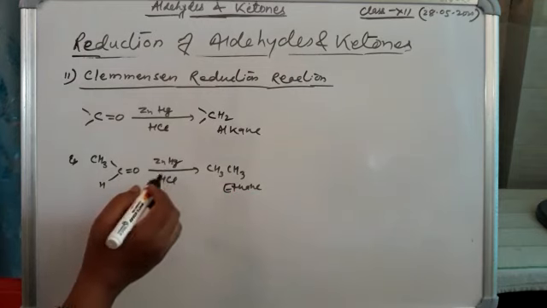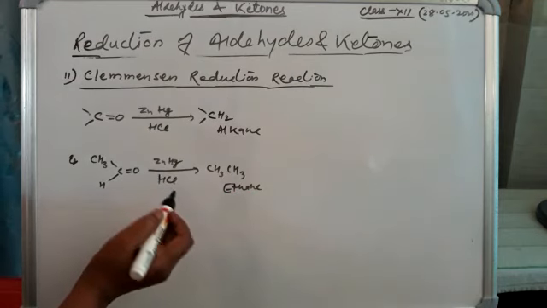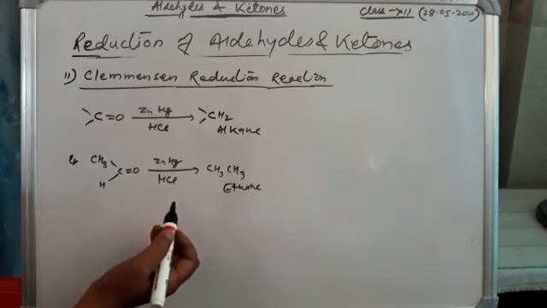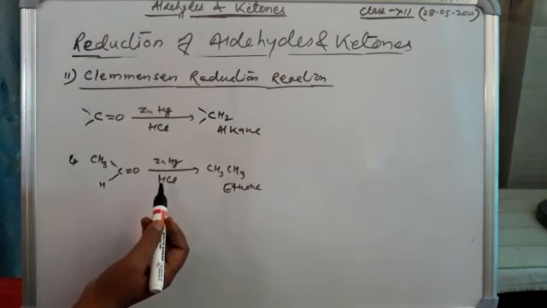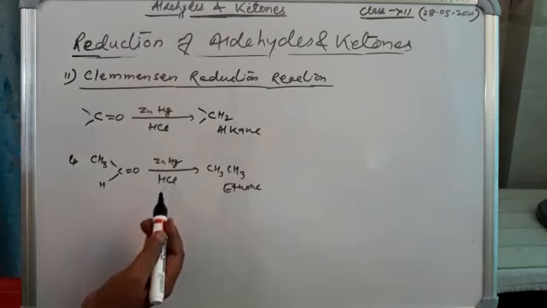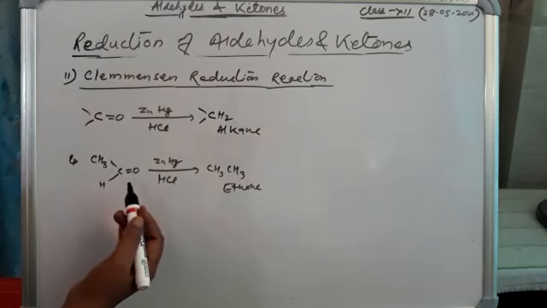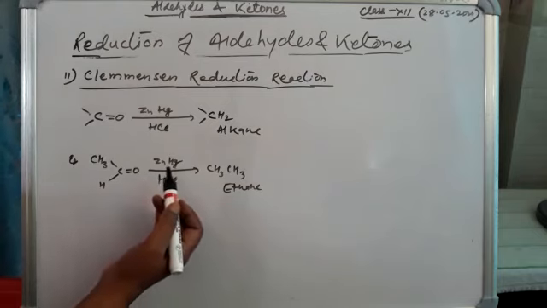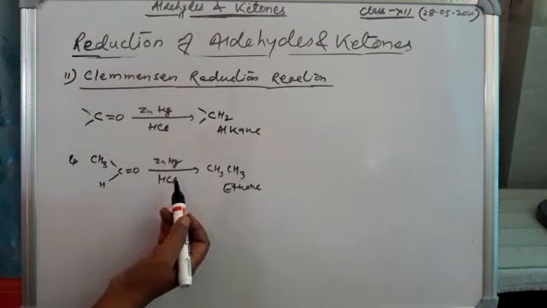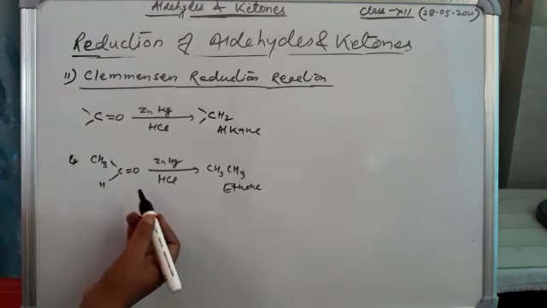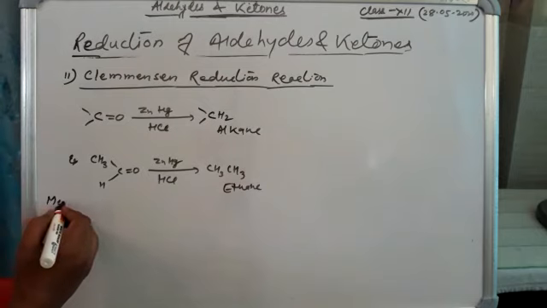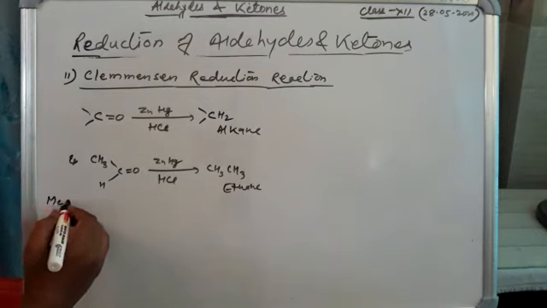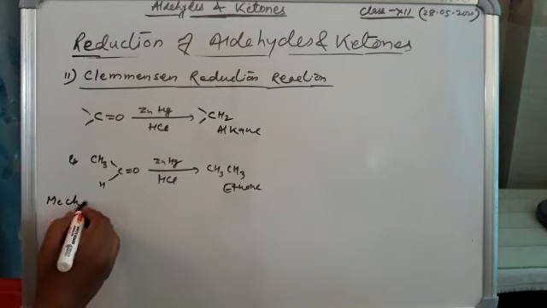The only difference between Wolff-Kishner reduction and Clemmensen reduction is the reagent. In Wolff-Kishner reduction we use hydrazine in basic medium with ethylene glycol, but in Clemmensen reduction we use zinc amalgam in acidic medium. Let's see the mechanism involved for conversion of carbonyl group to ethane.